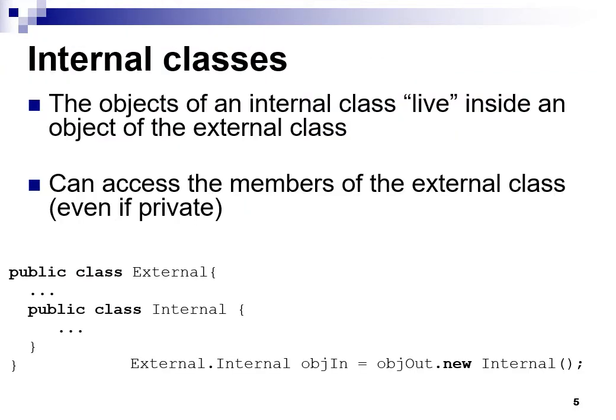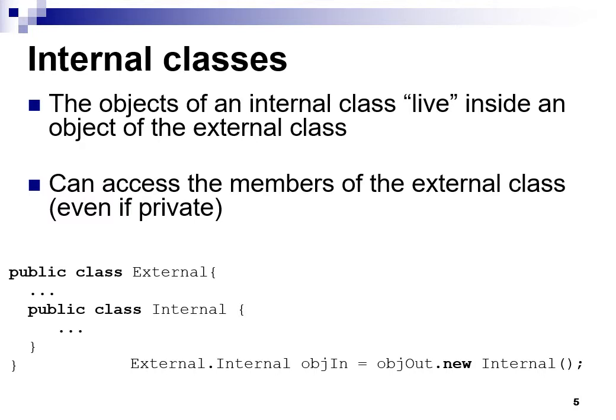Non-static internal classes are special because every object of that internal class should live inside an object of the external class. And just like static internal classes, they can access members of the external class even if they are private.